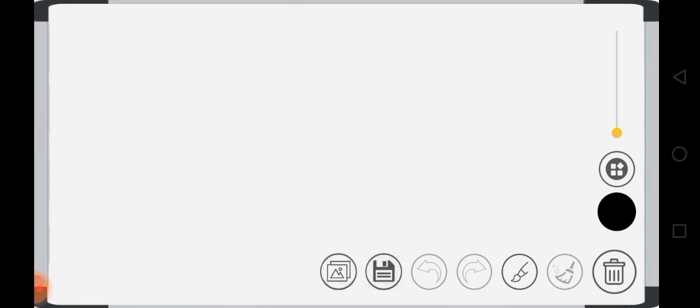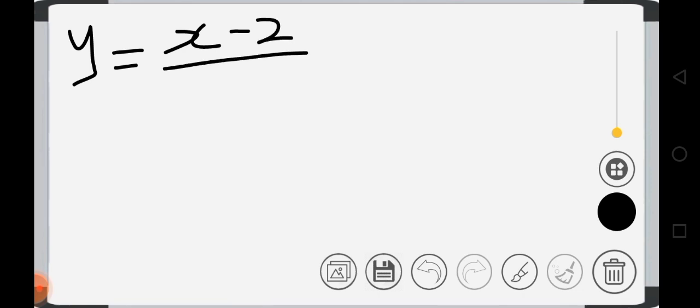For example, let's look at this question. Find the asymptote parallel to the x or y axis, if there is any, for this equation: y equals (x minus 2) over (2x plus 3). First, let us linearize the equation.